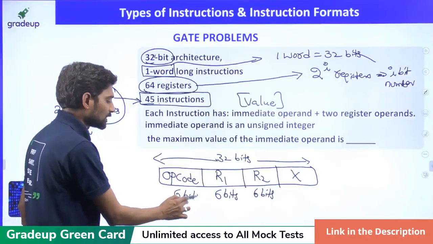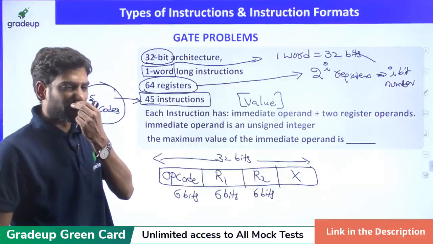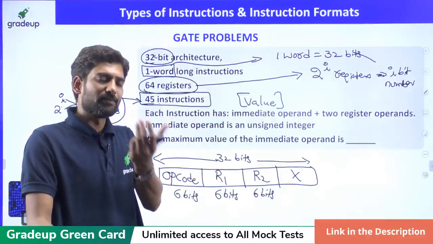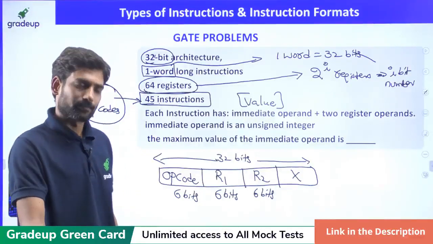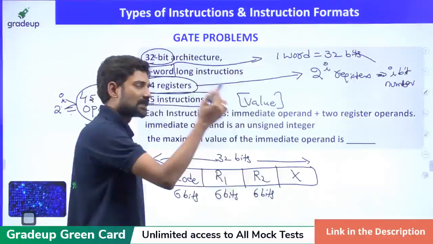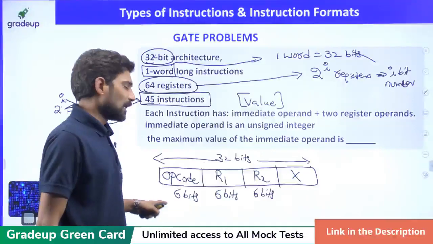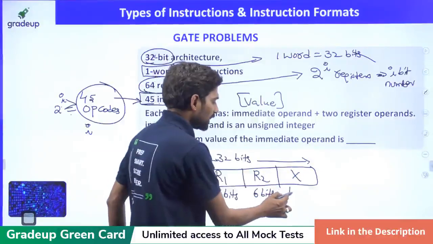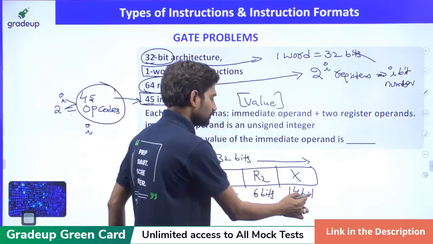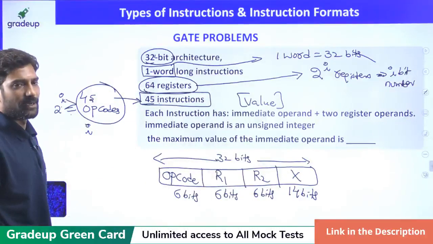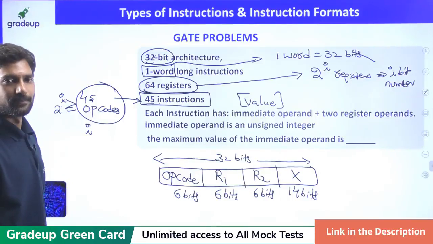Because with 5 bits, 2^5, only 32 opcodes are possible. So minimum 6 bits are required. Now how many bits are left for the immediate operand? Total 32, already 18 gone. So 14 bits are left for the immediate operand.